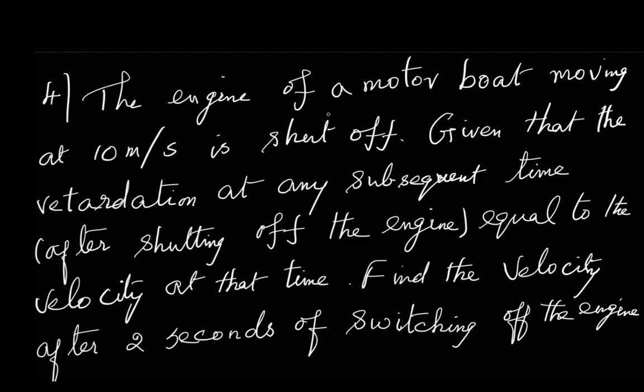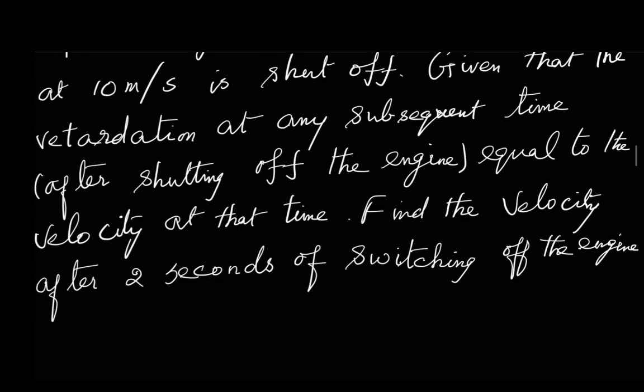Here, the motorboat is moving at 10 meter per second, that is velocity, and the engine is stopped. Given that the retardation at any subsequent time is equal to the velocity at that time.